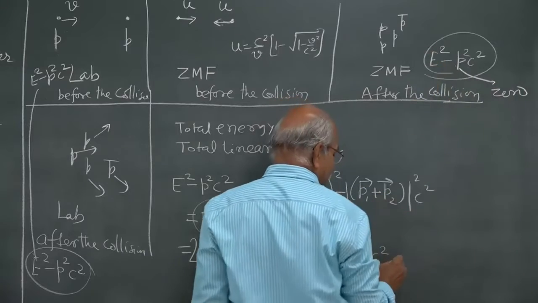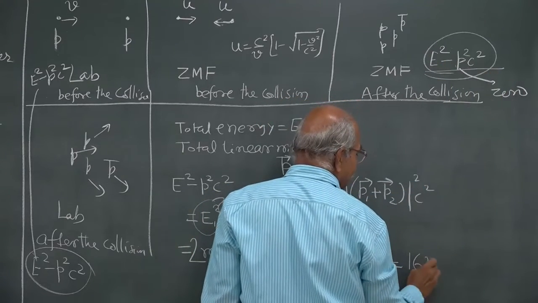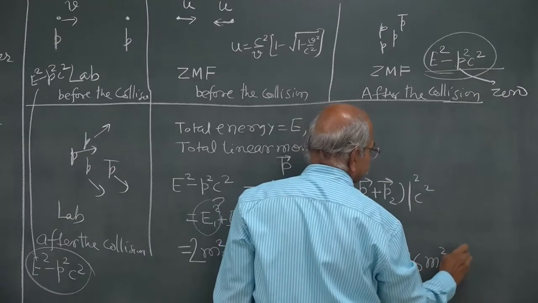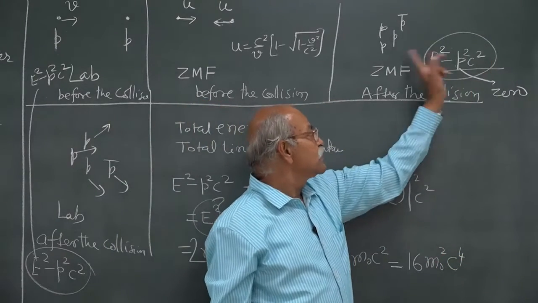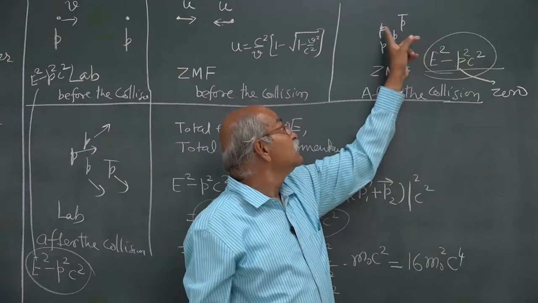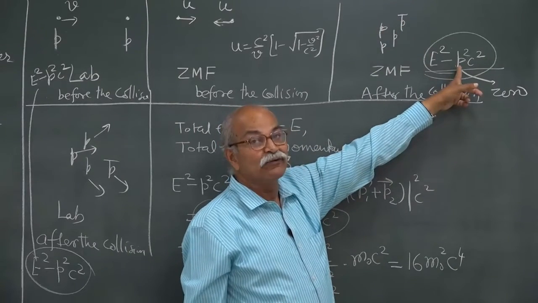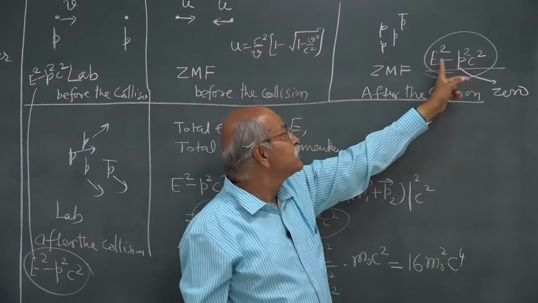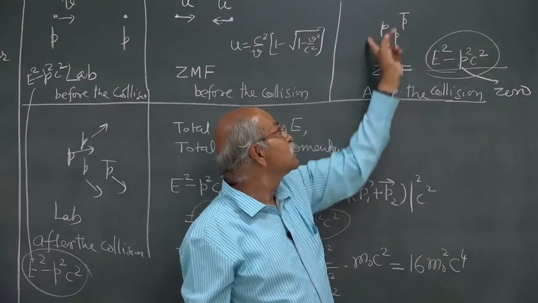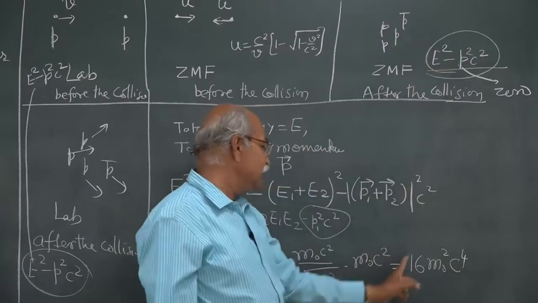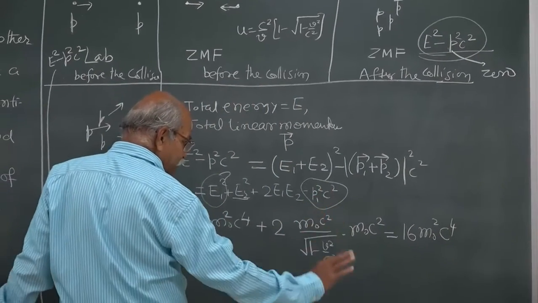So, it is just E square, and hence this whole quantity is 16 times m naught square C4, right? None of these 4 particles is moving, and therefore P is 0, and hence E is simply 4 times m naught C square, and E square is 16 times m naught square C4. And now, you can do the algebra very simply.